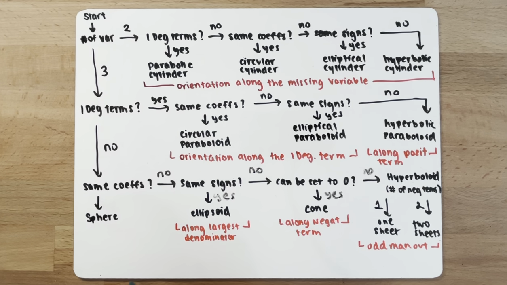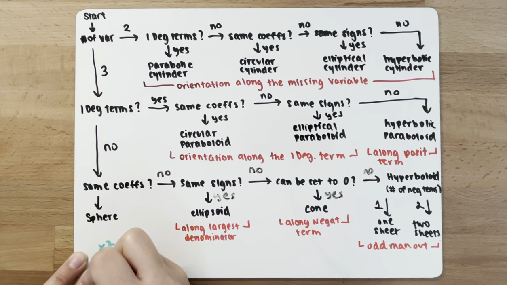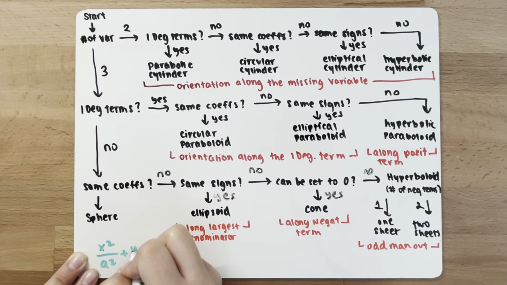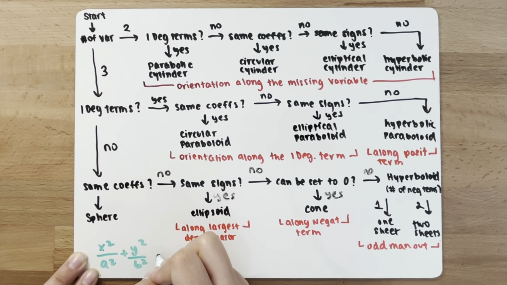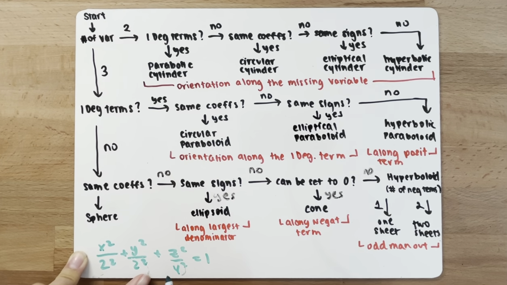So for example, you have x squared over a squared plus y squared over b squared plus z squared over c squared equals 1. Largest denominator: if, for example, these are 2, 2, and 4, the orientation will be along the z-axis because the z has the largest value for the denominator.